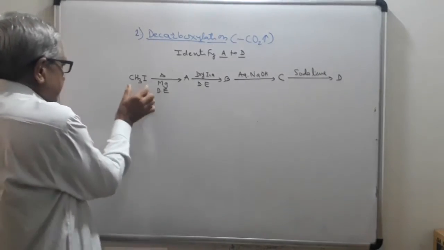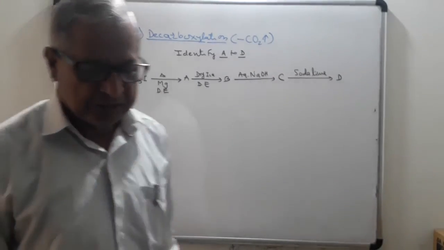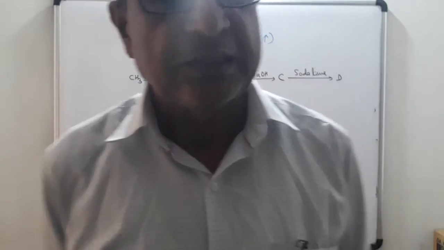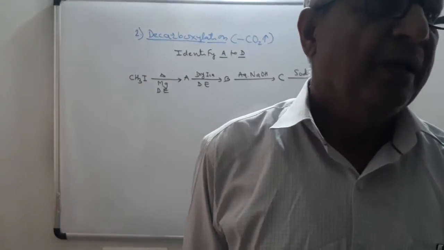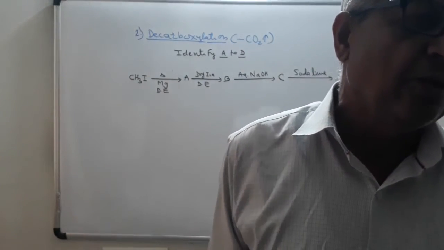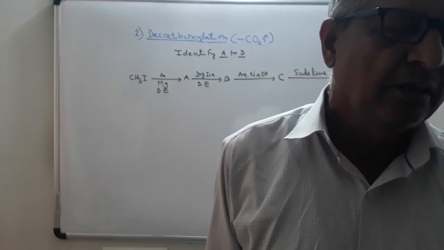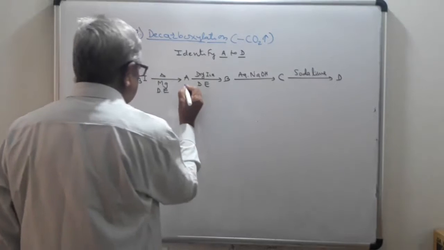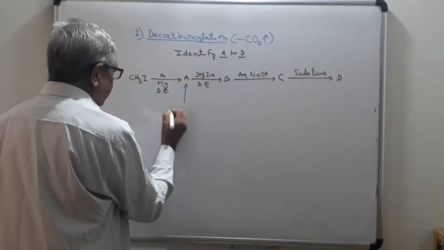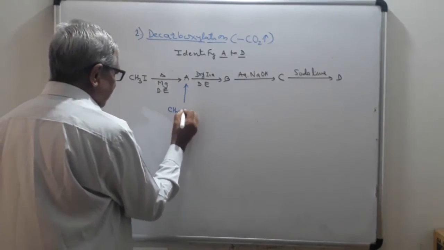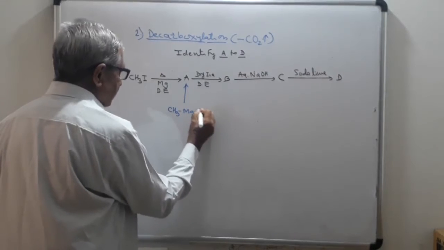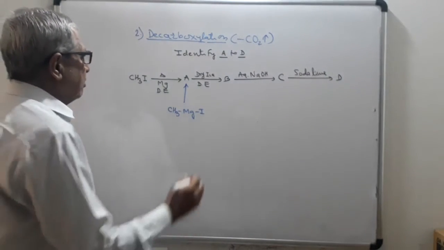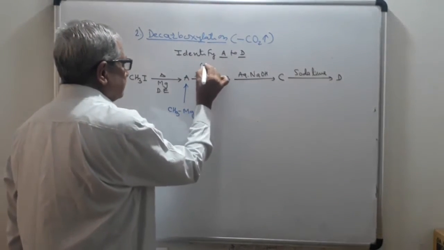Now see, you learned in the topic alkyl halides, the preparation of the Grignard reagent. When alkyl halides are heated with pure and dry magnesium metal in the presence of dry ether, you will get the Grignard reagent, and here the Grignard reagent will be CH3MgI, methyl magnesium iodide. You know the formula for dry ice: dry ice is CO2.